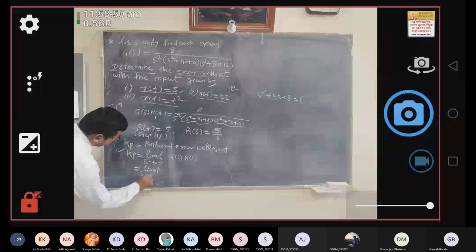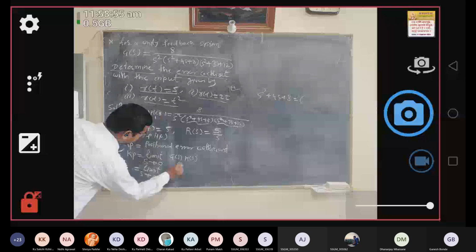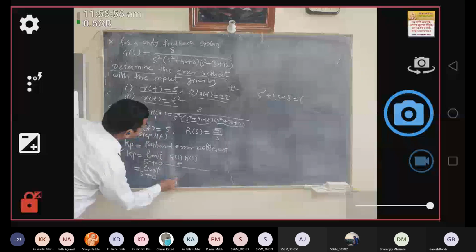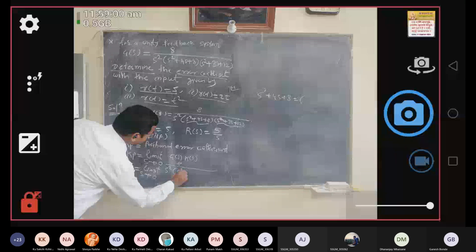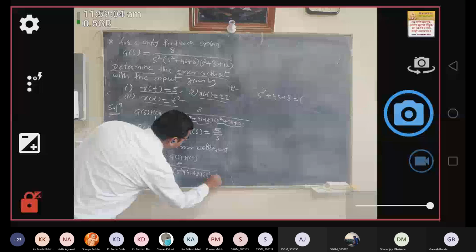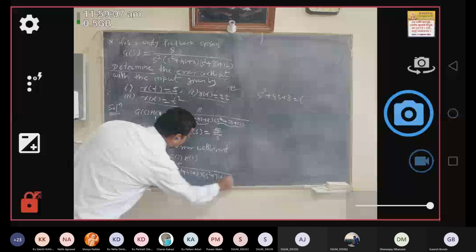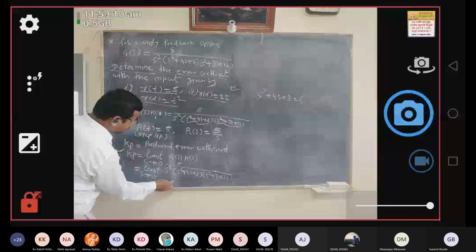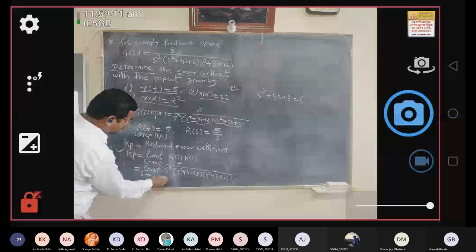Limit s tends to 0, G of s into H of s is this: 8 upon s square into s square plus 4s plus 8 into s square plus 3s plus 12. When you substitute s tends to 0, it is 1 by 0. Okay, the whole term is 1 by 0.